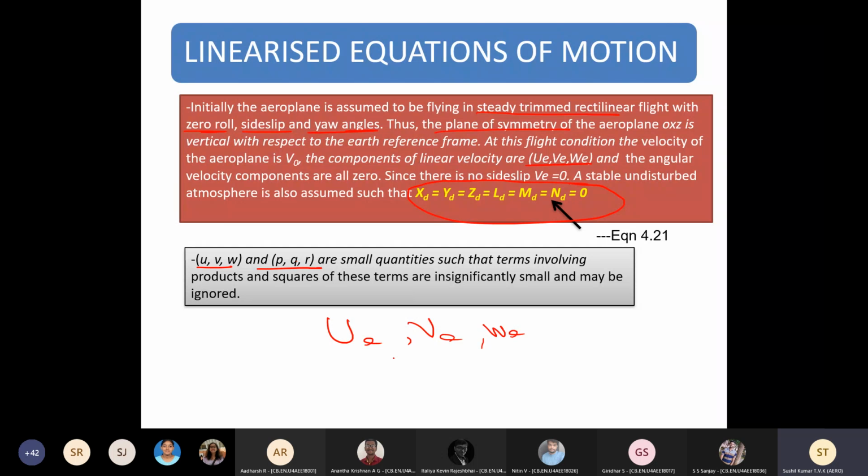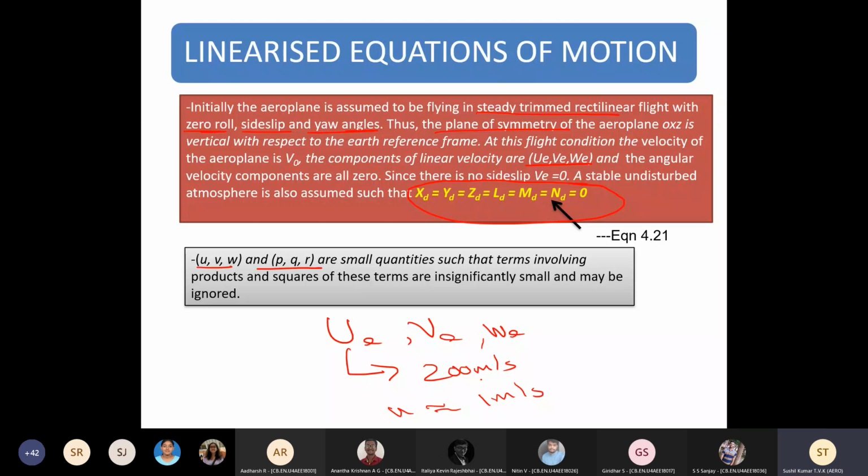I'll just give you a number. Say UE is some 200 meters per second, and I am talking about small u being some 1 meter per second. That's the sort of magnitude I'm talking about. So when you add UE with small u, it becomes almost UE.